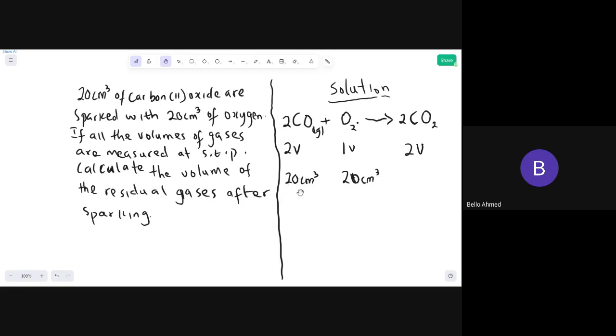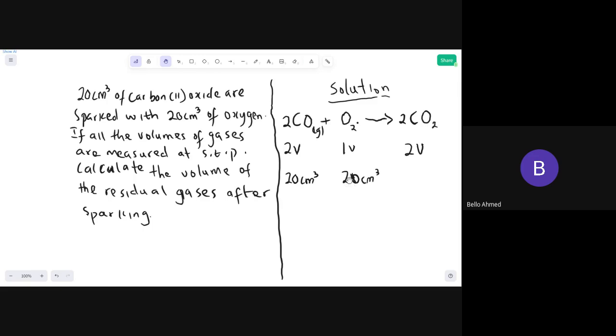How do you know the volume of carbon 2 oxide that is going to react with the volume of oxygen? This balanced equation tells us the ratio in which they react. For every 2 of these, we have 1 of these. So let's assume that I start from this oxygen.